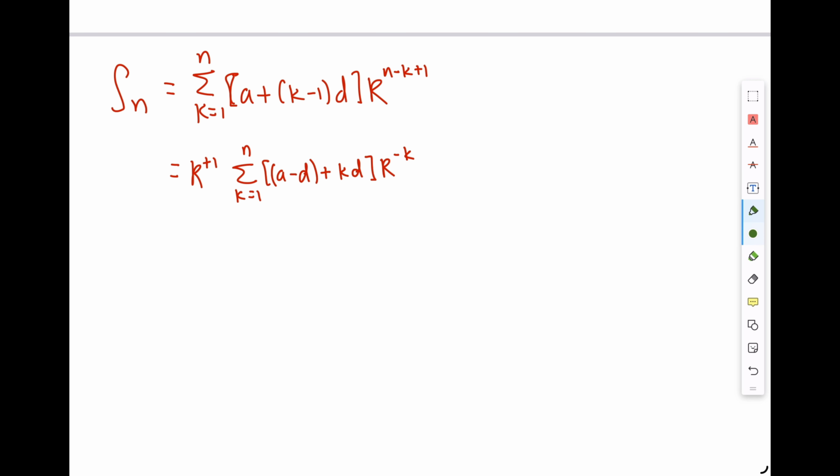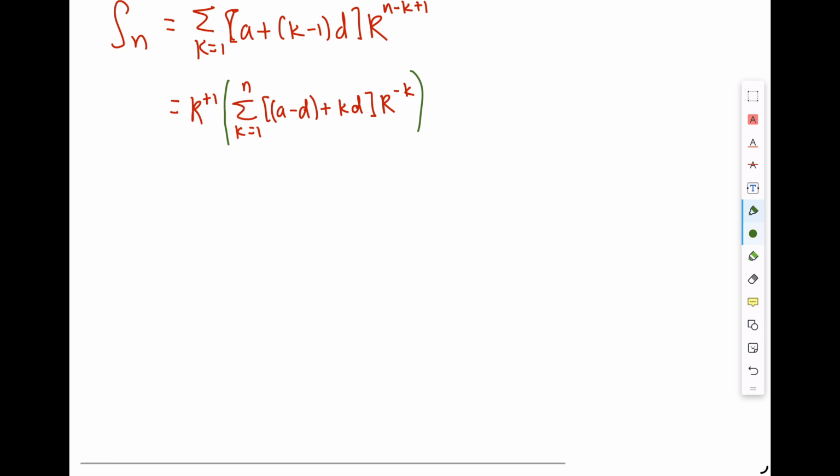Because if I know what this term is, I'm just going to plug back R to the power n plus 1 into it. It doesn't really matter. So let's examine carefully this term, R to the power minus k.